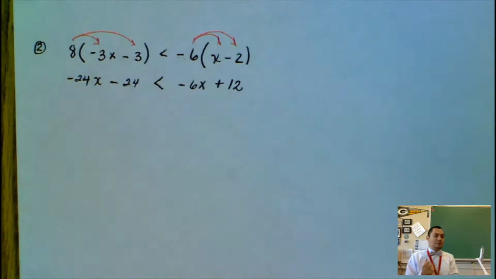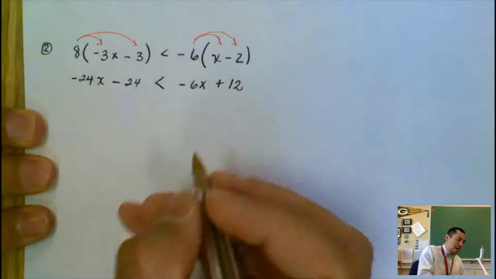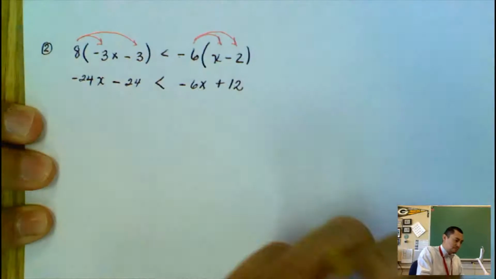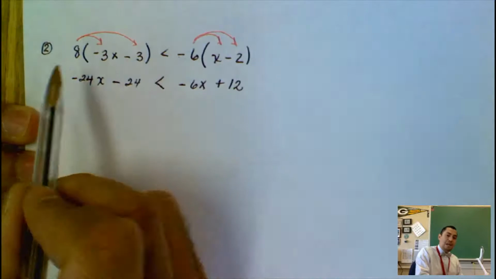In inequalities, we need to be a little bit careful, because then we can get a little bit confused when we try to graph. So in this case, I'm going to move most of the variables to the left side of the inequality. Personal decision. Other times I'm going to move it to the right, but you're going to see what I'm going to do. So in this case, I'm going to move 6x to the left.